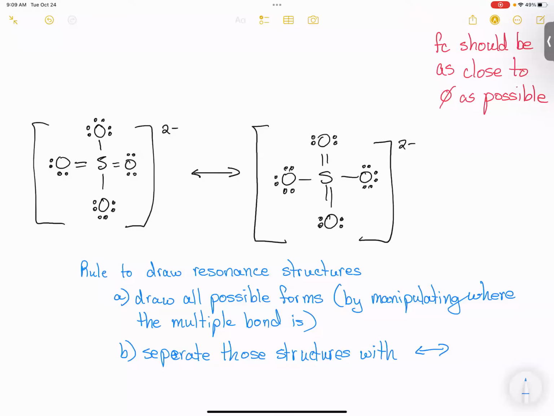What I've done today is I've introduced all of the various Lewis structures. We have followed page 1 and 2 and even looked at page 3 fairly extensively.